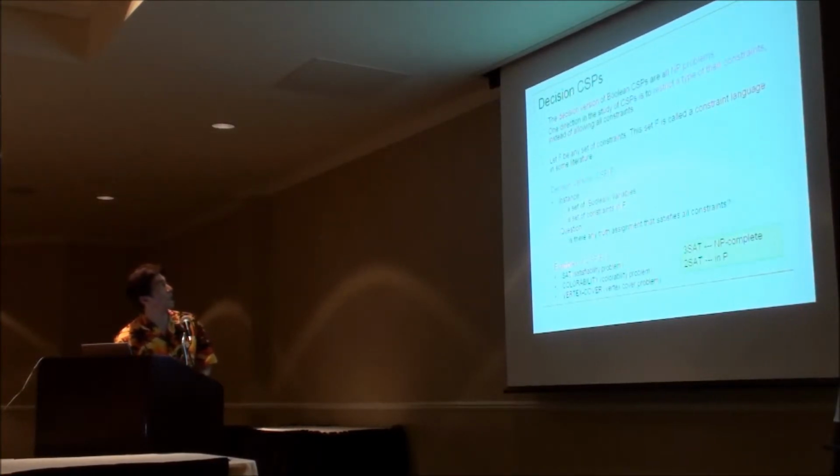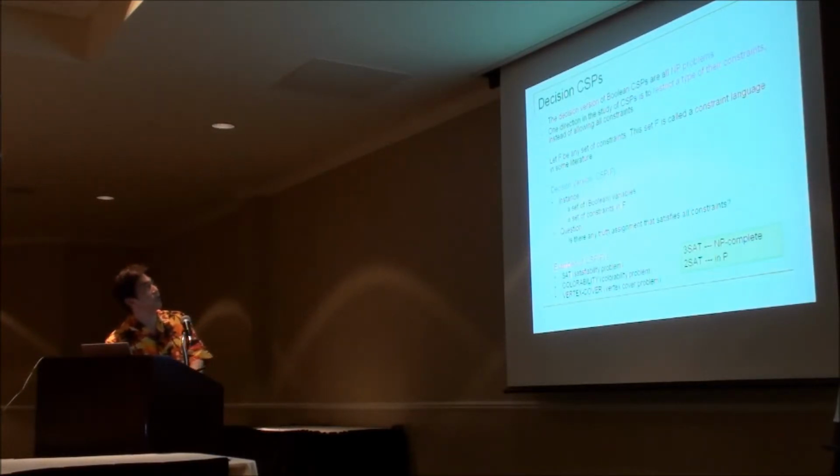So I just quickly go over what the decision CSPs are. Well, the decision version of the Boolean CSPs are all NP problems. And particularly, one way to study the CSP is to restrict our interest to a particular kind of constraint. So F is any set of constraints. And sometimes F is called the constraint language in some literature.